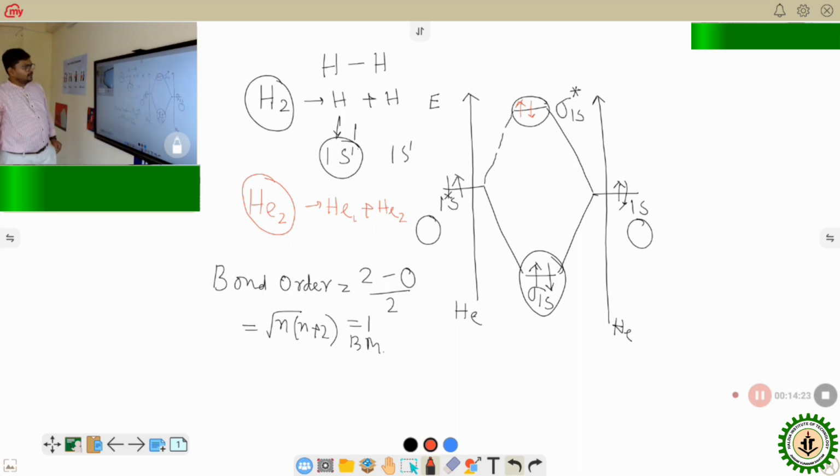So the bond order of this He2 will be 2 minus 2 divided by 2, which is 0. That means no bond exists between 2 helium atoms. That is why we can say that the He2 molecule does not exist. So from the molecular orbital diagram we can easily predict the stability of a molecule.